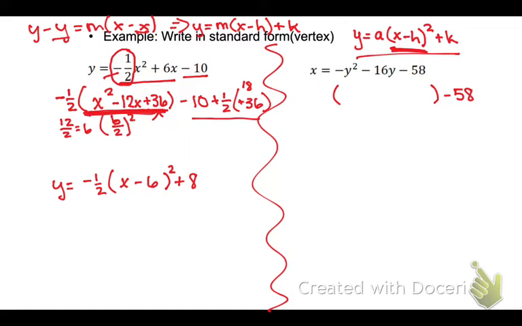Bring down your y squared, your negative y. Add a negative. Factor out a negative. Leading coefficient has to be what?